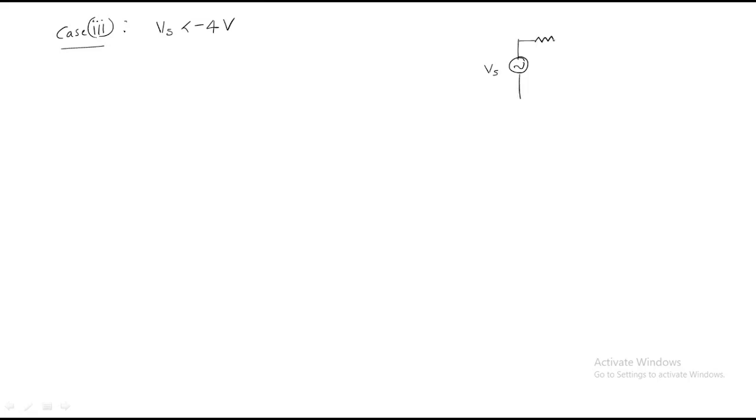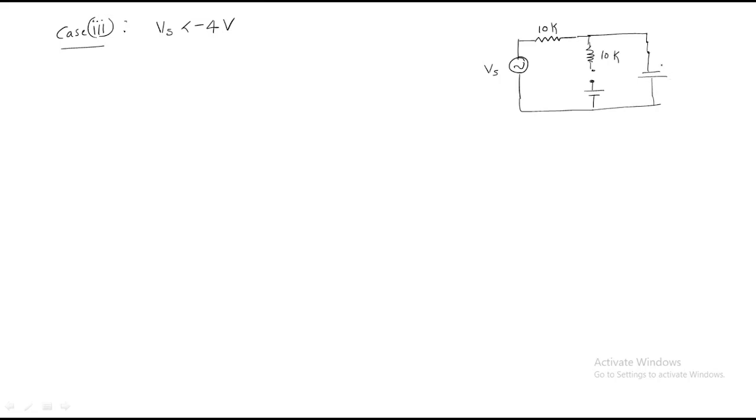and again we have the 10k here, and another 10k here, and this diode will be off, with plus and minus. Here this diode will be on, and minus 4 is there.